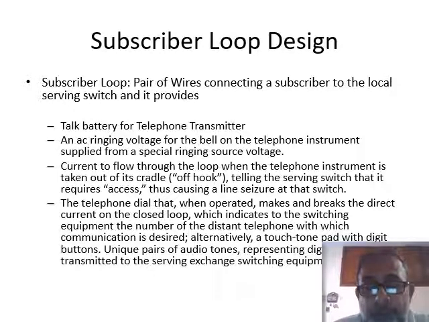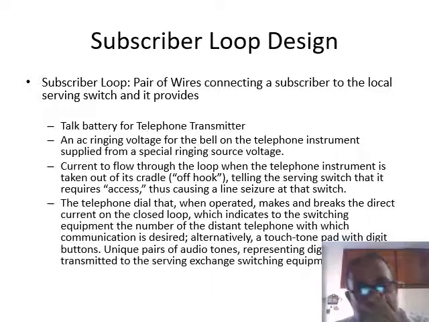And when we engage it, or when we pick up the receiver set from the cradle, it tells the switch that an access is requested. So a line is seized by the switch, and the first resource that the switch provides is normally a DTMF receiver.